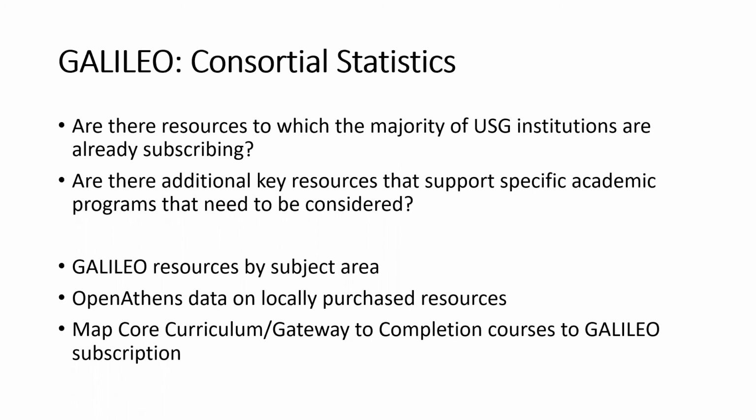And that informs and will ultimately help John to do things like map core curriculum, think about things like gateway to completion courses, and perhaps adding some of that content to Galileo subscriptions. These are longer term things, but ways that John is thinking about using the OpenAthens statistics.